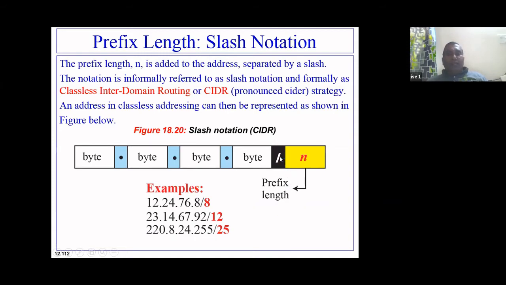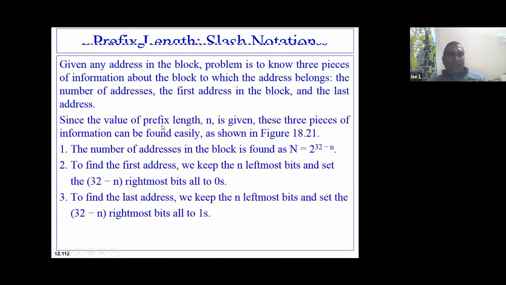So here, in this mechanism, if the prefix length is equal to n, then 32 minus n can be taken as the remaining suffix.